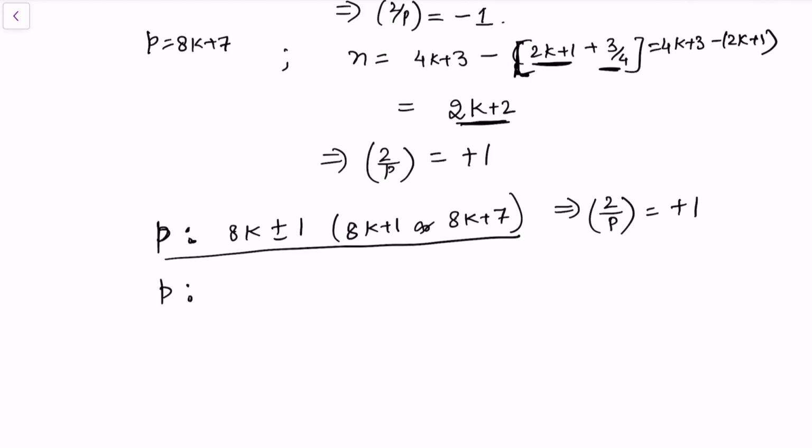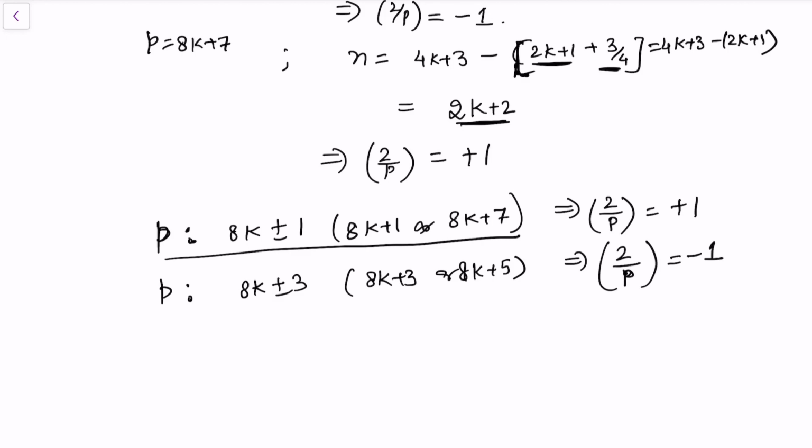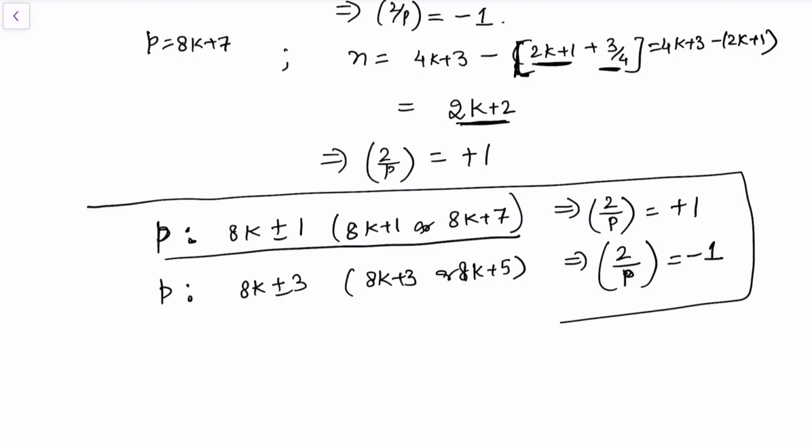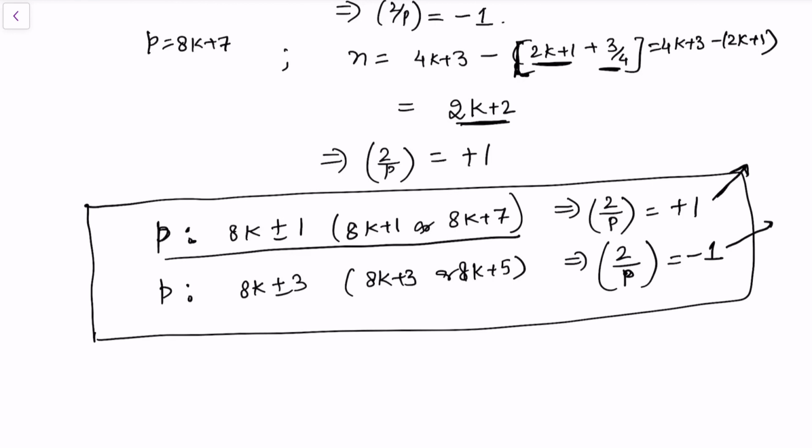Whenever p is of the form 8k±3, that is 8k+3 or 8k+5, the Legendre symbol (2/p) for any odd prime is always -1. So for any odd prime, we know when 2 is a quadratic residue and when 2 is a quadratic non-residue. If the Legendre symbol is 1, by definition 2 is a quadratic residue of p. If it is -1, 2 is a quadratic non-residue of p.